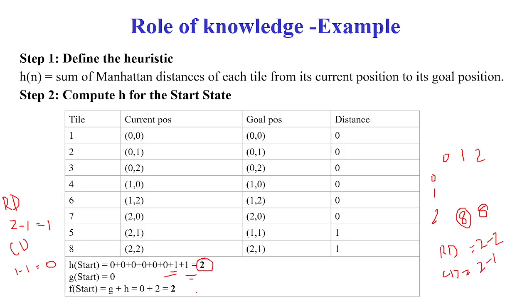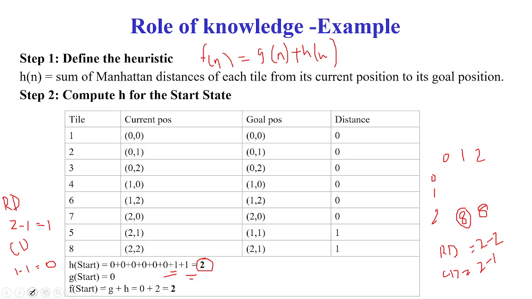So what is the formula for the evaluation function? f of n is equal to g of n plus h of n. Here h of n is 2 and g of n is 0. So 0 plus 2 is 2. The cost to reach from start to start is 0.